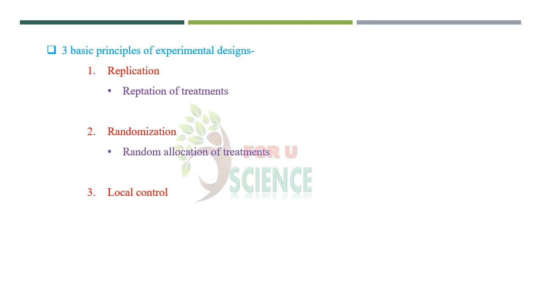After that, what is randomization? Randomization means random allocation of treatments. You all know that in the field there may not be homogeneity in all the places. Somewhere there may be a more fertile place, somewhere there is less fertility. So what we can do, we can allocate our treatments in different locations at random. Okay. In case of local control, what we do, we use greater homogeneity in the experimental unit.